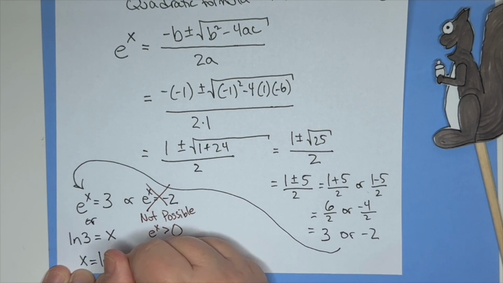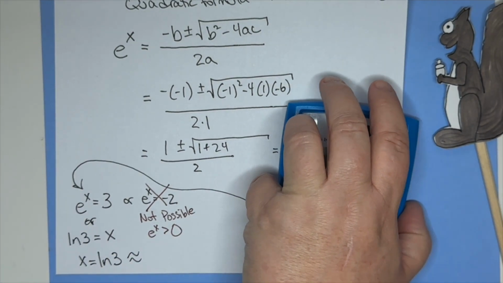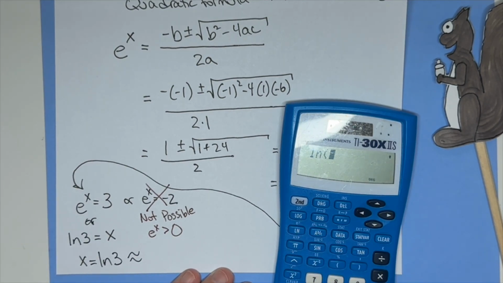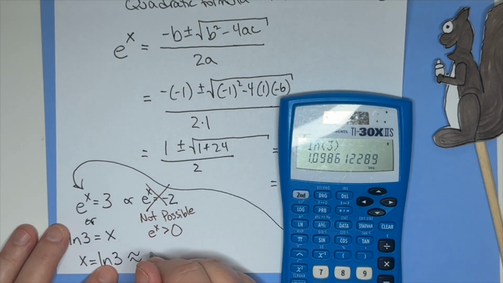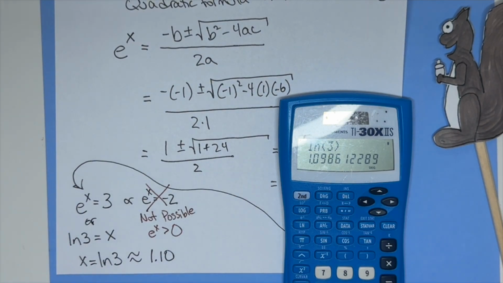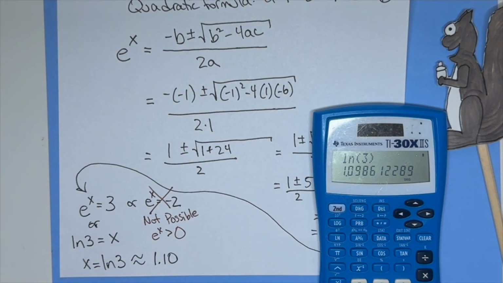X equals natural log of 3, which is the exact answer, or, very exciting, natural log of 3 is about 1.10 if I go to 2 decimal places. So we go from here to log form, and then we've basically solved it.